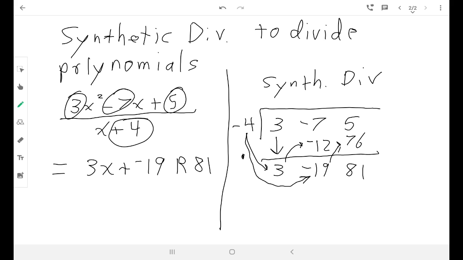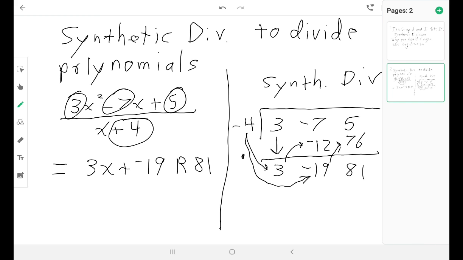Okay? Now I'm going to take the same problem. I'm going to have to write it down here so I can write it on a new board. We're doing 3x squared minus 7x plus 5 divided by x plus 4. By the way, the way I did that negative 4 times negative 19, I said negative times negative is positive. And then I did 4 times 10 and 4 times 9, and I did indeed add them together, and that's how I got 76, because 40 plus 36 is 76, okay? So you get this answer with synthetic division.